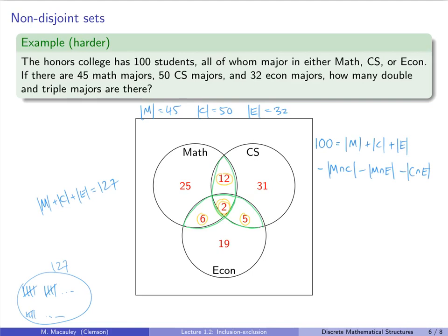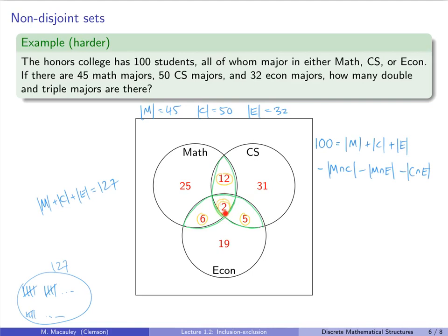So now the 12 math CS double majors, the 6 math econ, and the 5 CS econ, we have accounted for them. We have removed tallies because we double counted them. However, we're not quite done yet because there's one problem: the triple majors.